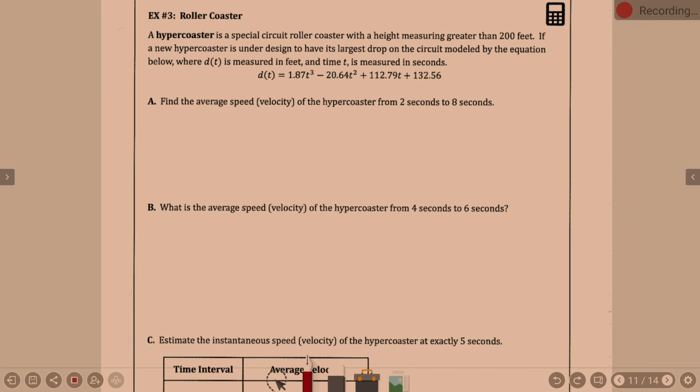Find the average speed or velocity of the hypercoaster from 2 to 8 seconds.